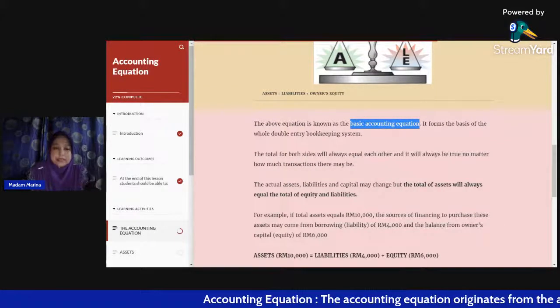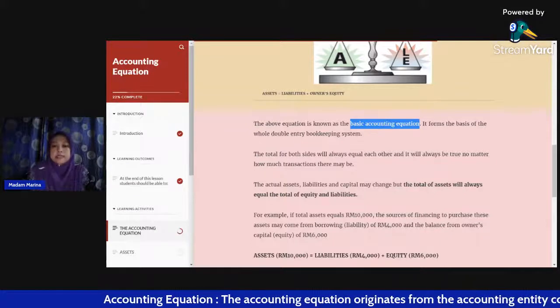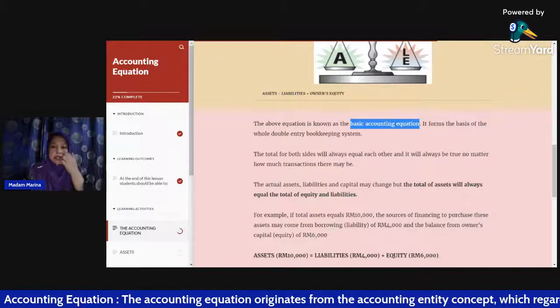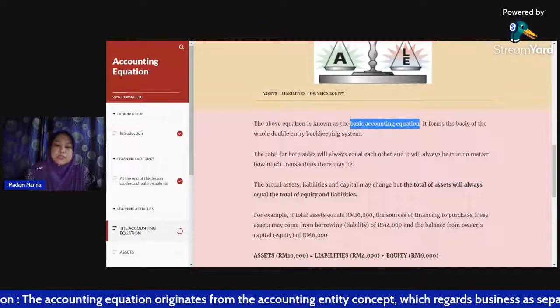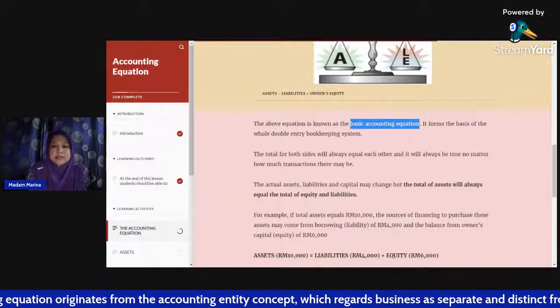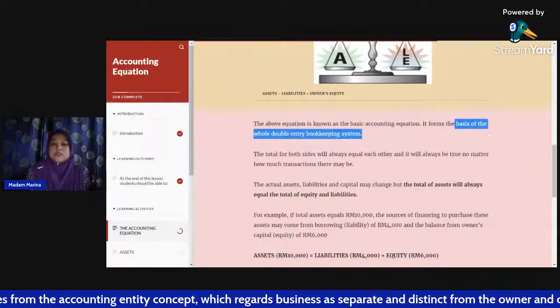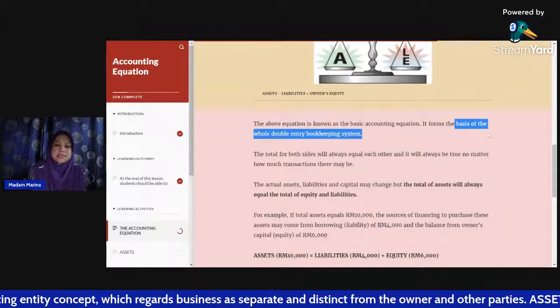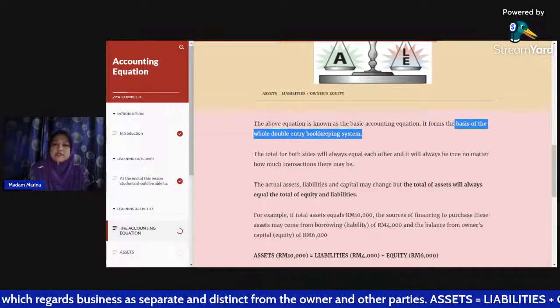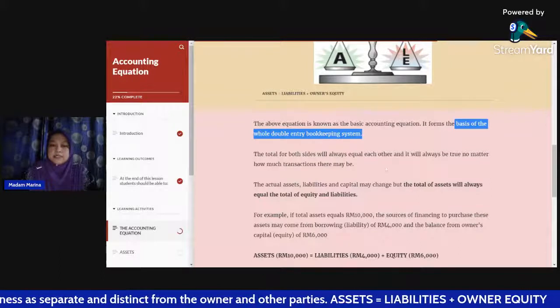We also have an extended accounting equation that we will learn after this. It forms the basis of the double entry bookkeeping system, very related to the double entry bookkeeping system.